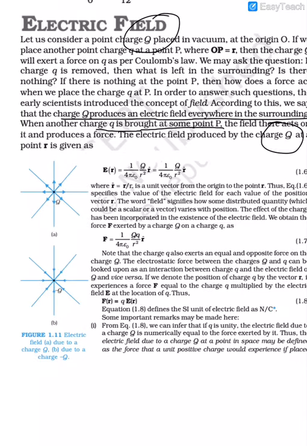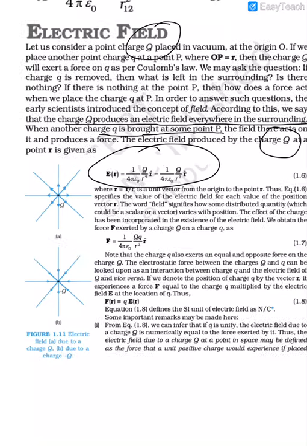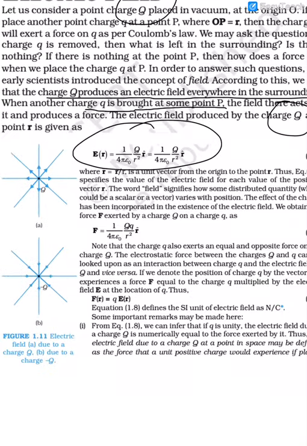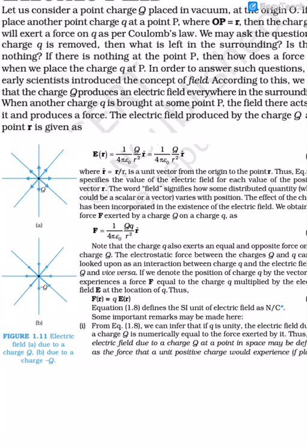Now we know how to find the force on small q due to capital Q, but what we are actually interested in is finding the field. To find the field, you need to momentarily take the charge small q as a unit positive charge.